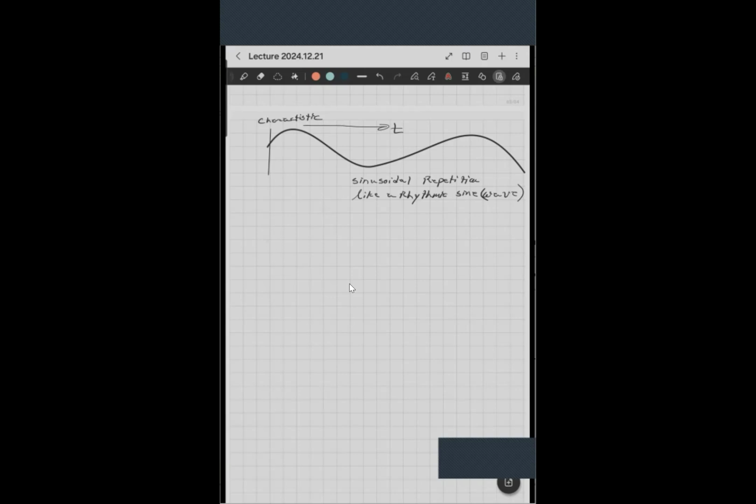But it turns out that things don't necessarily have to be rhythmic. So they could do this. Now, here's the x-axis, if you will. I didn't do it that way here, but it was implied.